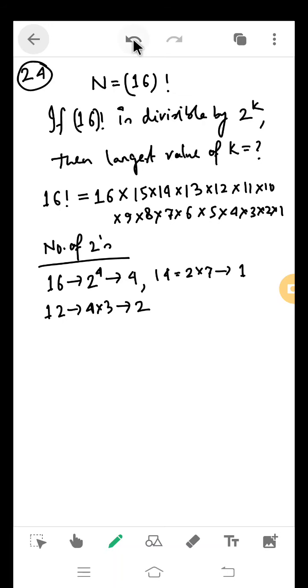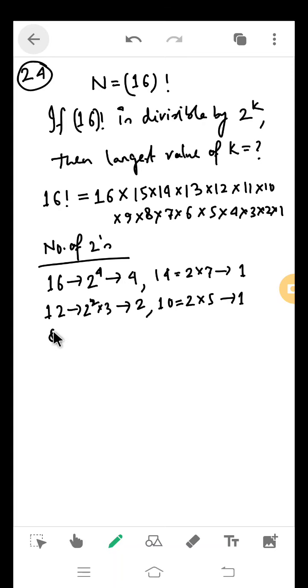एक काम करते हैं, इसको हम लोग 4 नहीं लिखे, you can write 12 as 2 square into 3. So you have how many 2? 2 2s are there. Then next 10. 10 is just 2 into 5, so you have only 1 2.